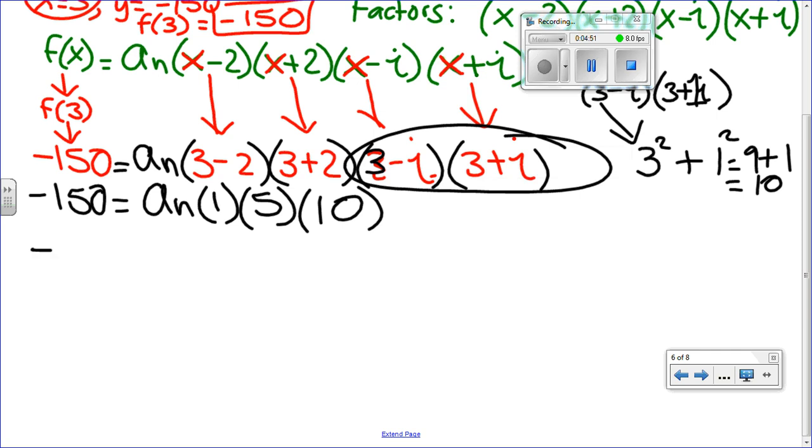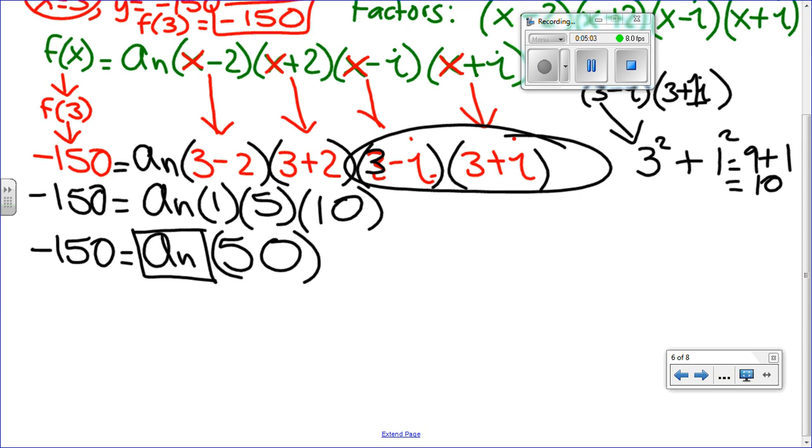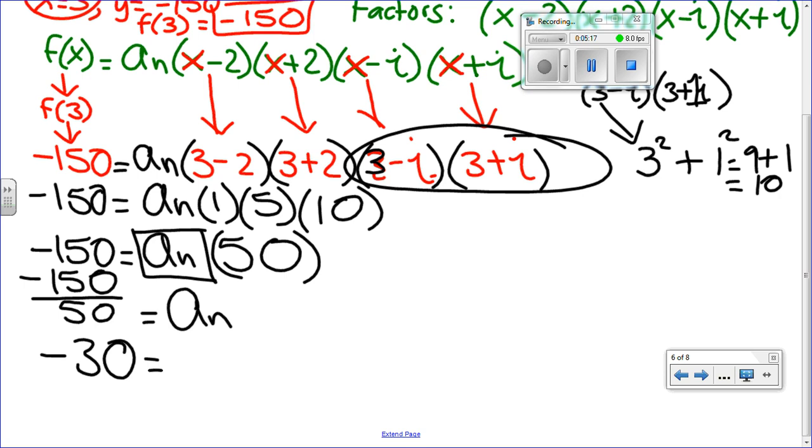So now we have negative 150 on the left. A sub n is our variable, the one we're looking for, and we have the product of 1 times 5 times 10, that is 50. So 50 is multiplying a sub n, so to solve for the leading coefficient, we divide negative 150 over 50. That gives us a sub n equal to negative 30.